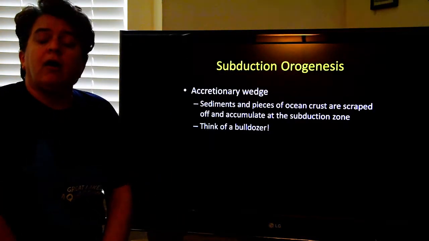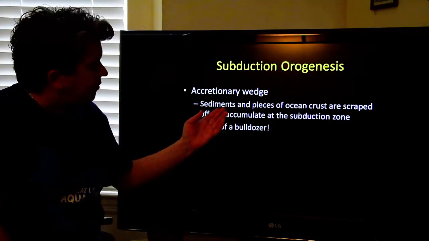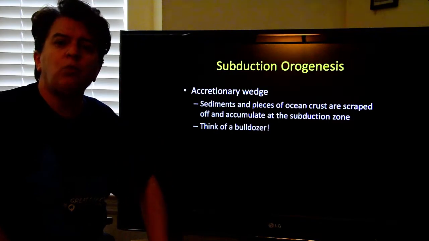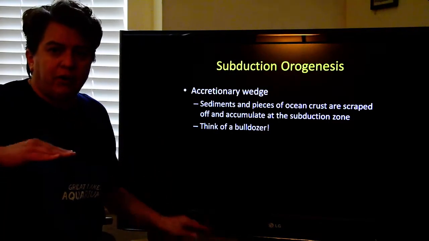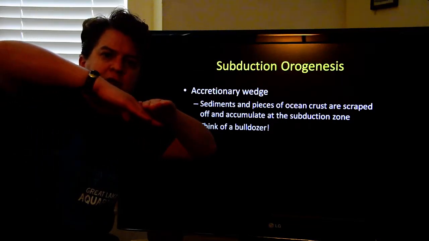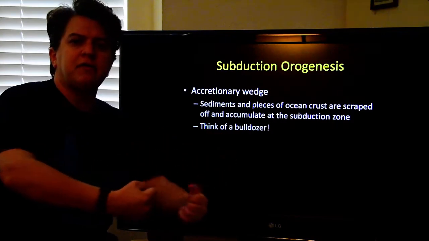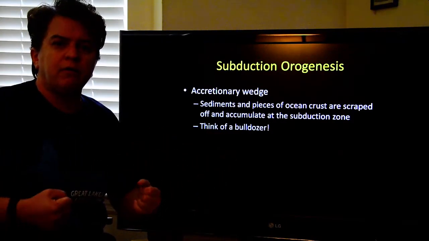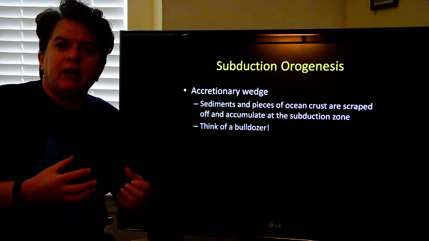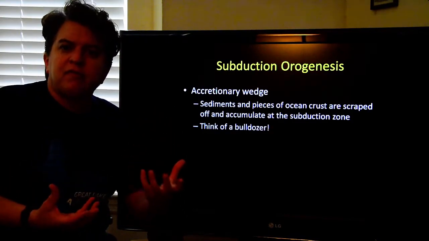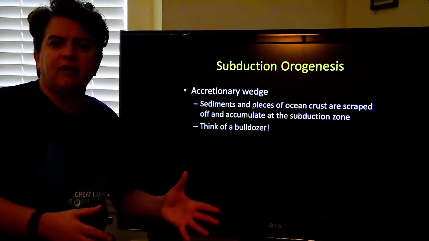Now another part of this subduction zone orogeny is going to be something called the accretionary wedge. And what happens when we have subduction, right? We have one plate sinking underneath another, and as that plate sinks into the asthenosphere underneath the other plate, it's going to be scraping up sediment and bits of crust, bits of ocean crust, because it doesn't just perfectly slide into the asthenosphere.